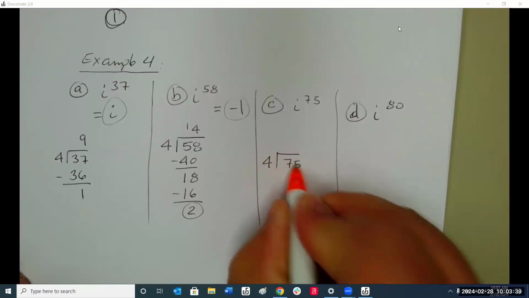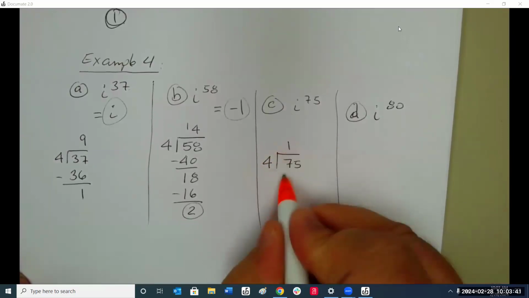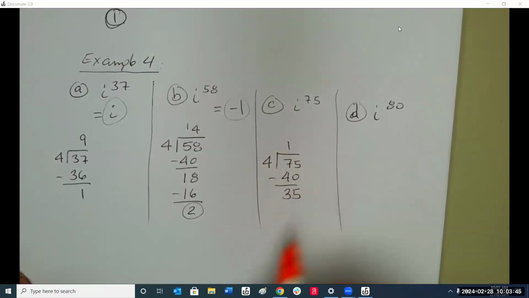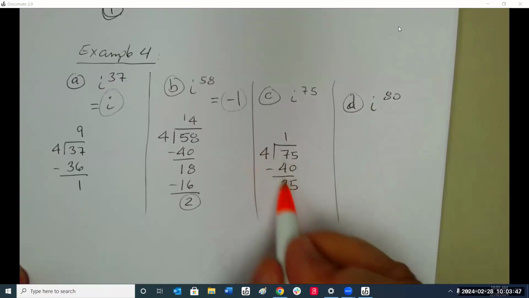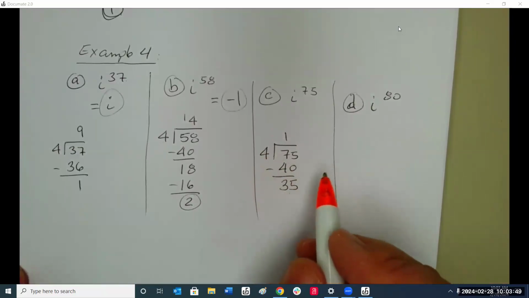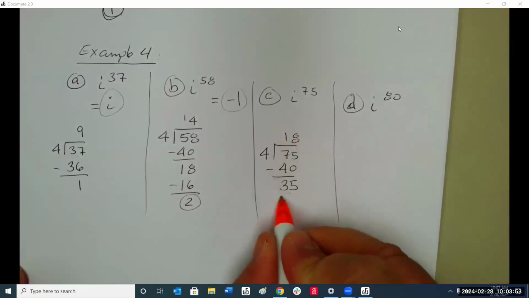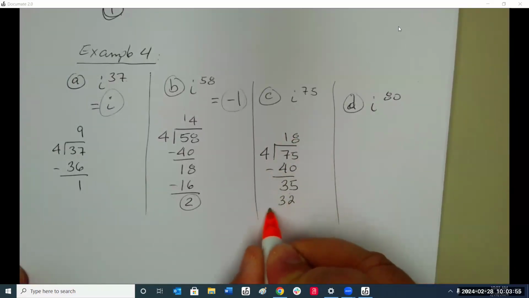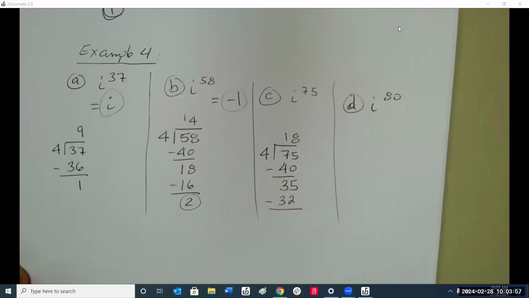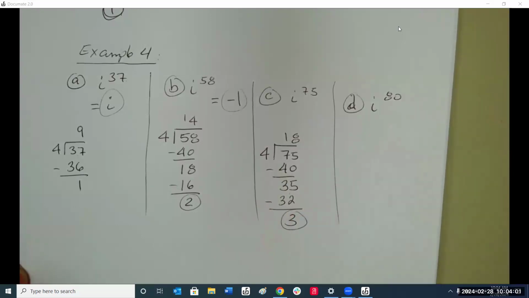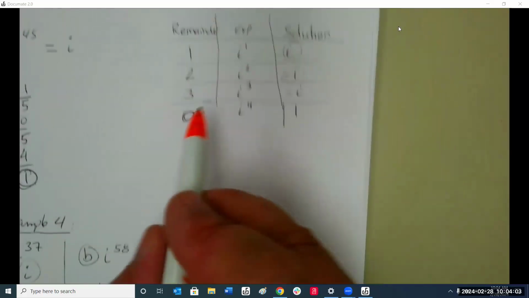Four goes into 75. 4 goes into 7 one time. 4 goes into 35. 4 times 9 is 36. That's too big. So 4 times 8 is 32. The remainder is 3.